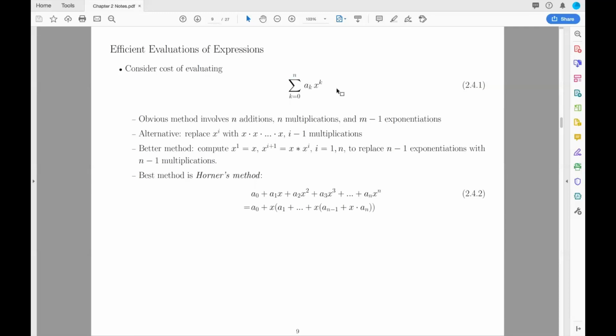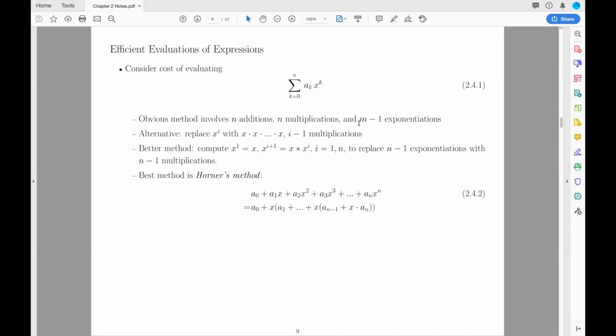One way is to take x and raise it to powers. This should be n minus 1, well, actually n minus 2 exponentiations, because x to the 1 is x. So you do a bunch of exponentiations, then multiply the a sub k with the x to the k, and then add up the n terms.